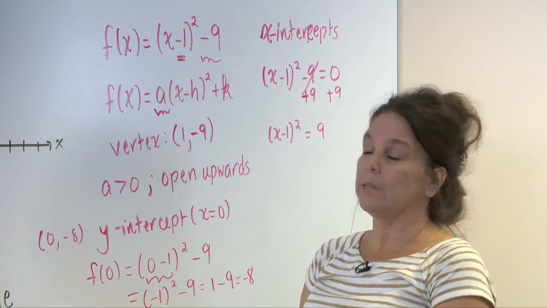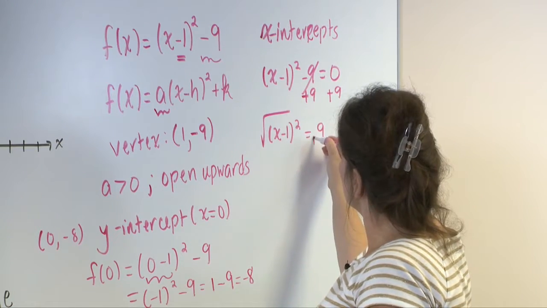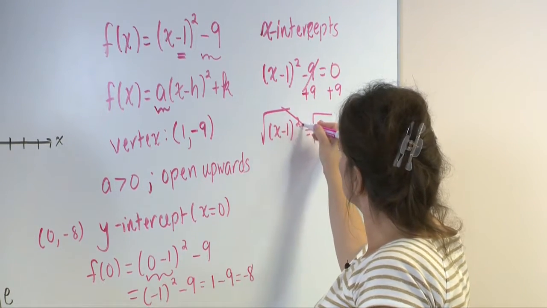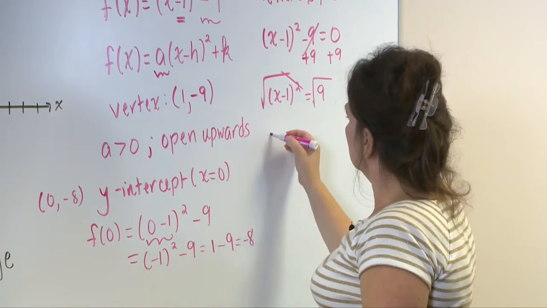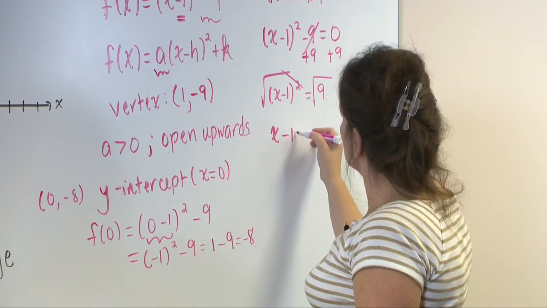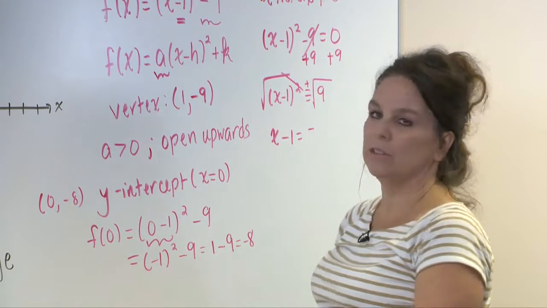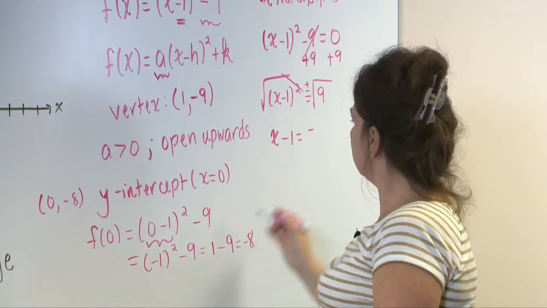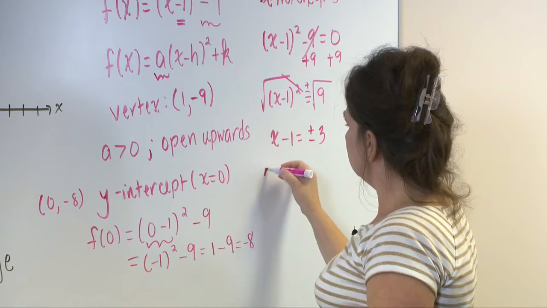To solve for x, I'm going to use the square root property here. I'm going to take the square root of both sides of this equation, which will undo this operation of the square. And so we have x minus 1 is equal to plus or minus, since I've introduced the square root, plus or minus 3. I'll make two little equations.